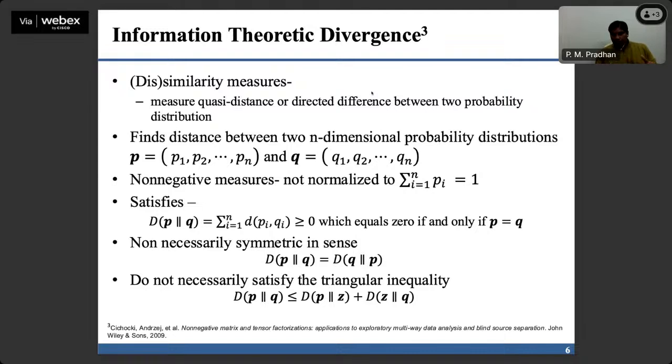So the individual samples might be very close to each other. So let's say out of 100 samples, there could be two samples which are very close to each other as far as the desired and estimated are concerned. But there is a possibility that the overall distribution of those 100 samples of your desired signal and estimated signal could be varying by a big margin.